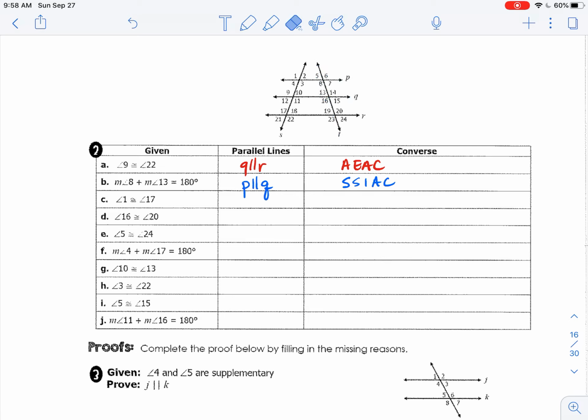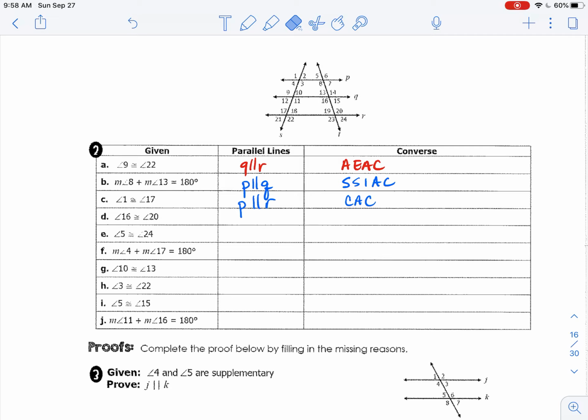Okay, next, angle 1 and angle 17. Okay, so here's the transversal. Here are my two angle groupings, so P and R. P is parallel to R, and these are 1 and 17, corresponding angles converse.